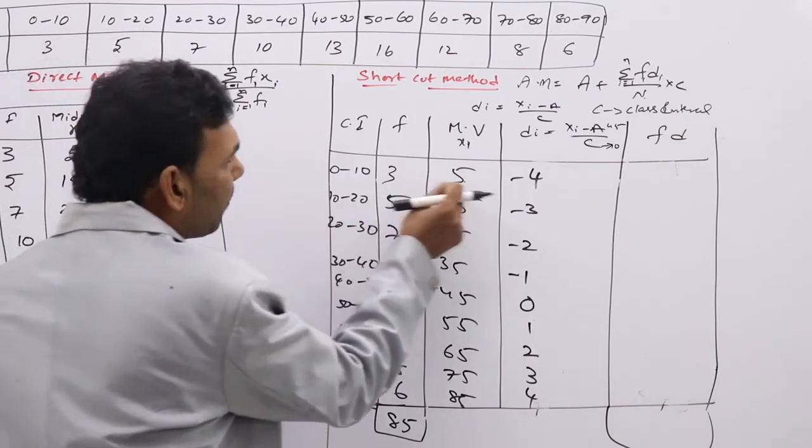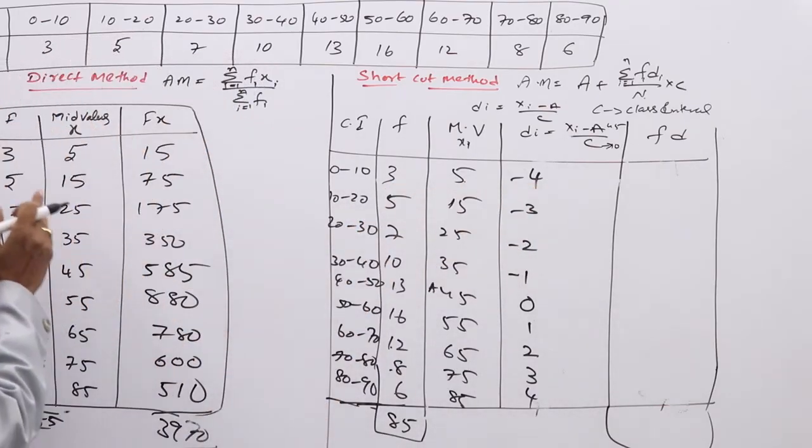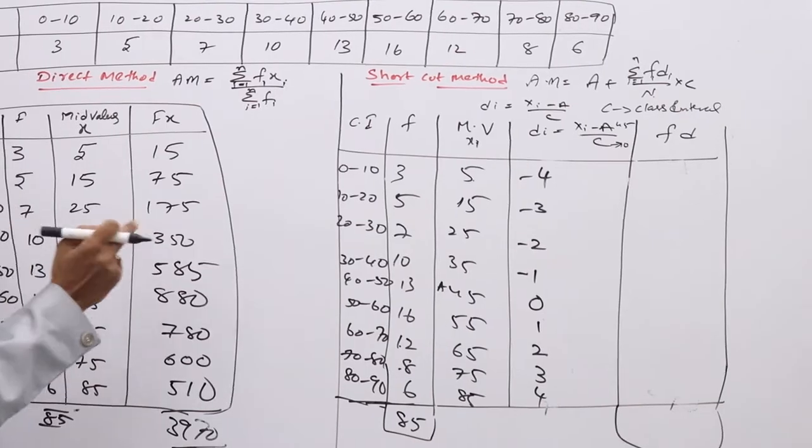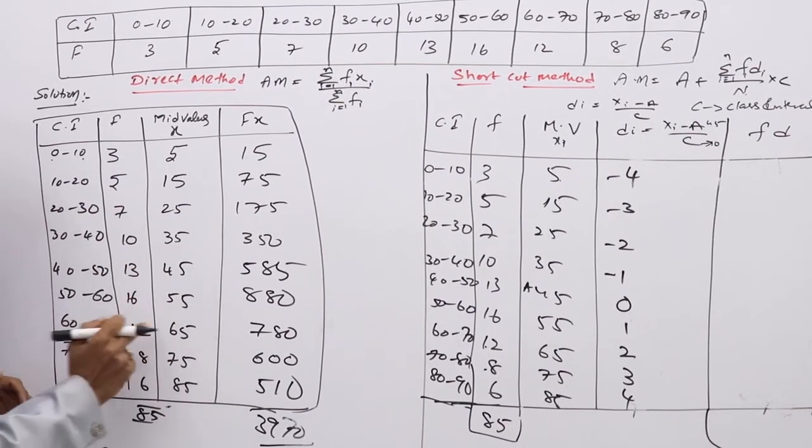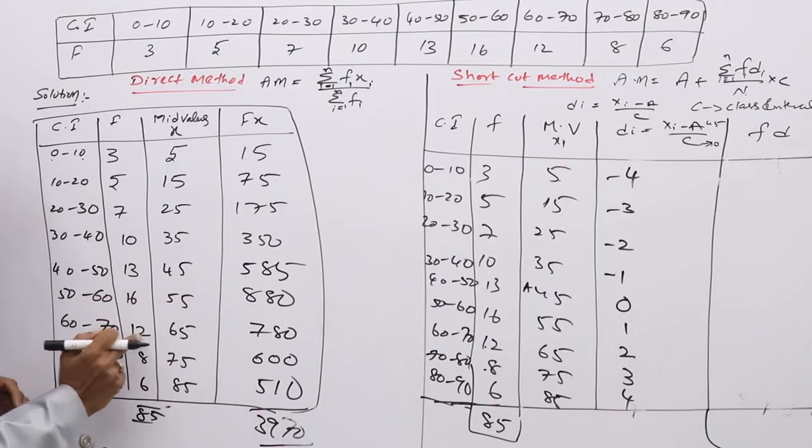Now, multiplying f and d is very easy compared to multiplying f and x. In the direct method, you have to use the calculator to multiply 13 into 45, 16 into 55, like that.